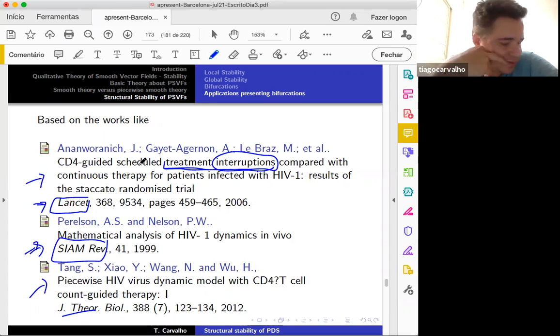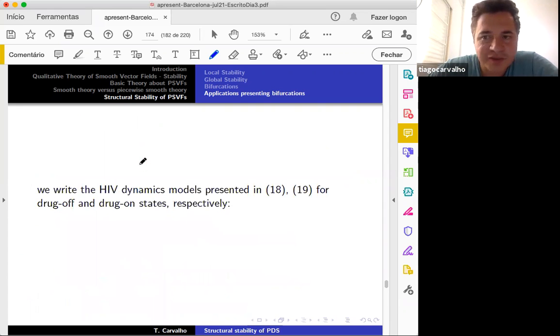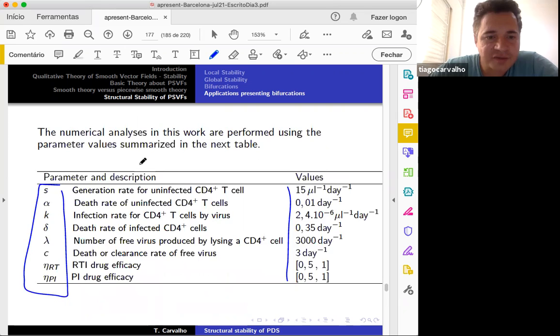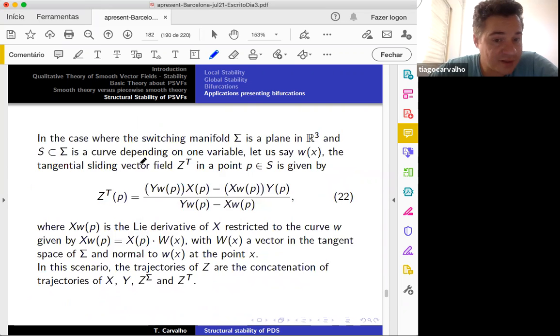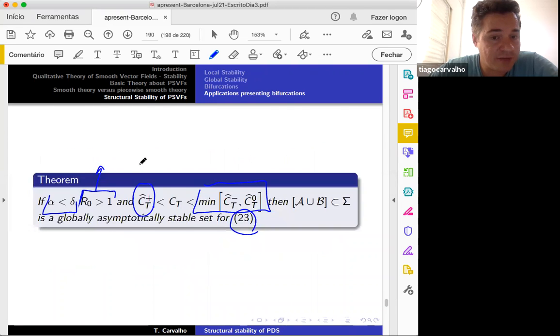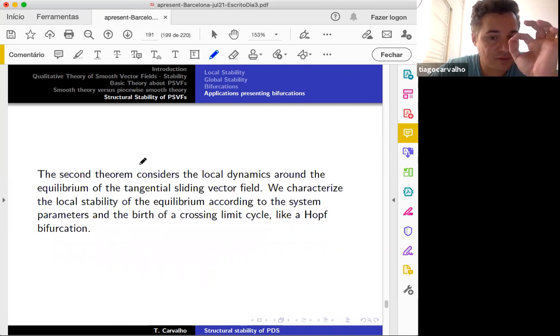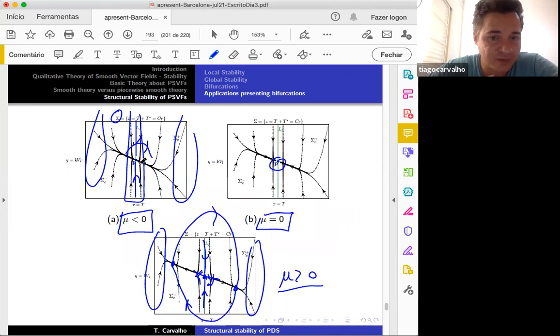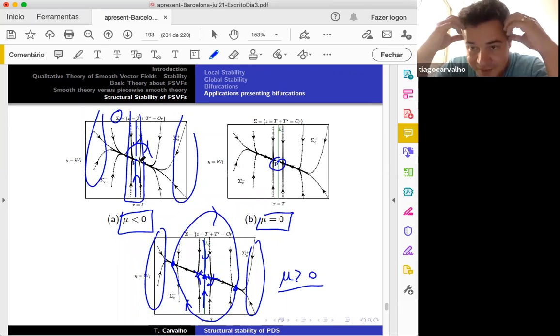Another important thing is that the other situations where we don't have a limit cycle correspond to situations where we have a single attractive point, and these points are placed in a plane.